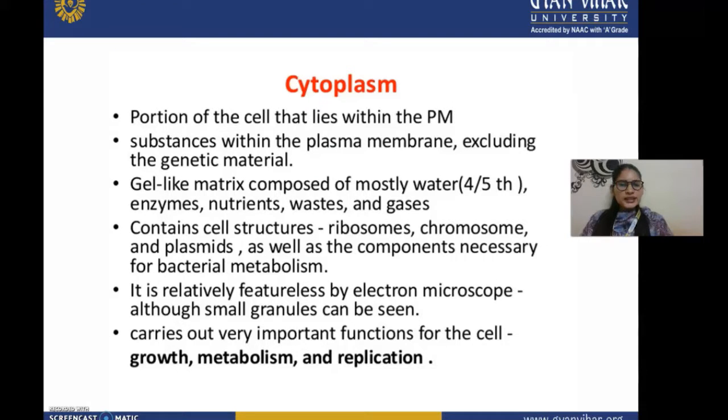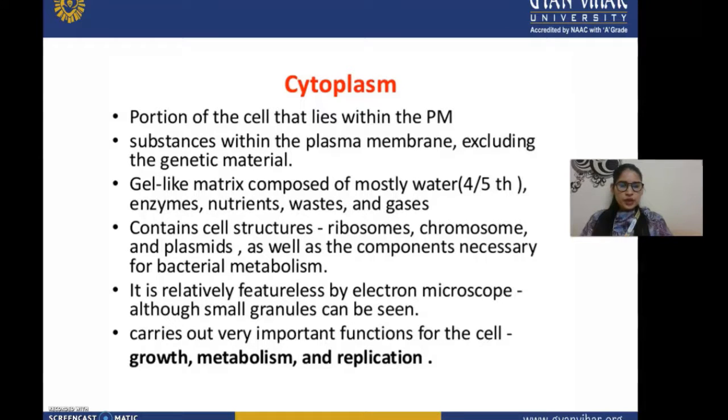It contains cell structures, ribosomes, chromosomes, and plasmids, as well as components necessary for bacterial metabolism. It is relatively featureless under the electron microscope, although small granules can be seen, and it carries out very important functions for the cell, that is growth, metabolism, and replication. So that is the function of cytoplasm.